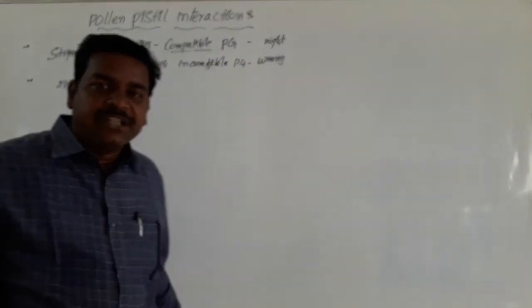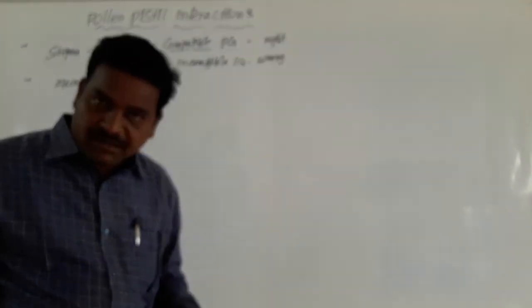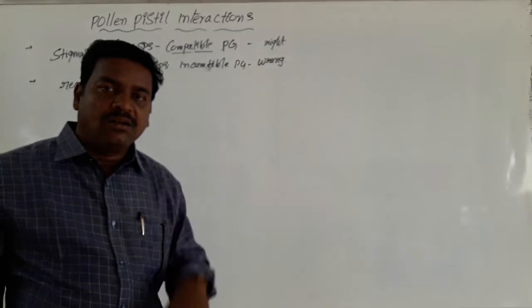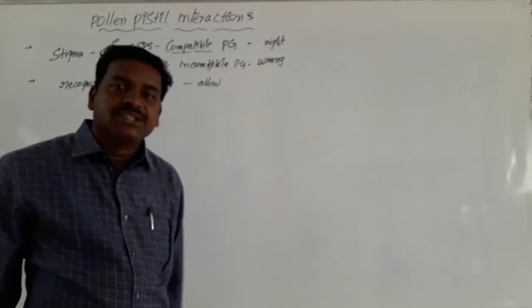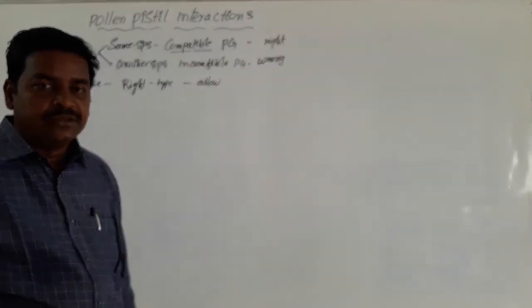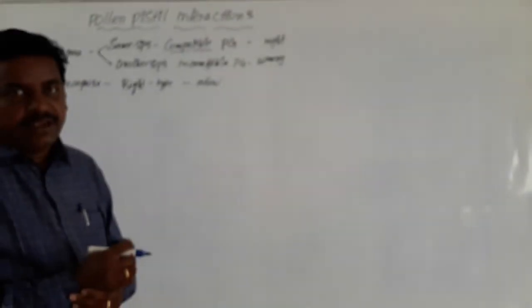Stigma has the ability to recognize whether the collected pollen grain is right type or wrong type. So, if it recognizes the right type of pollen grain, it allows the pollen grain for post-pollination events that lead to fertilization.